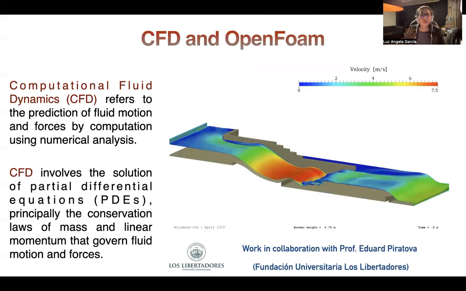Finally, I want to finish by telling you that we are also using some CFD code with OpenFOAM in order to describe the effects of dark energy.